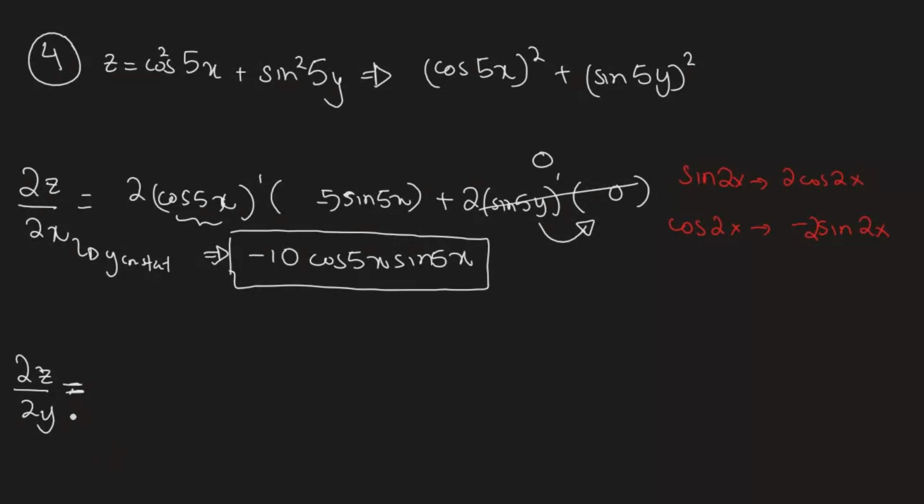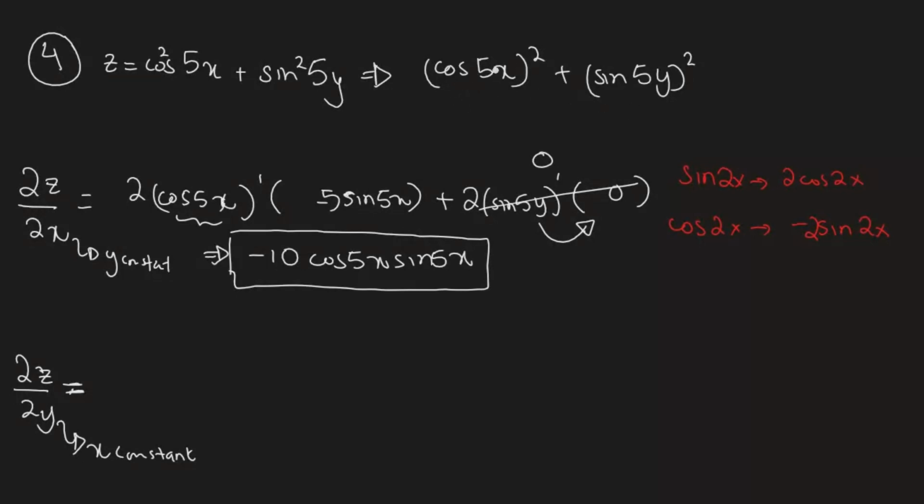Okay, now coming back to the problem. Now moving back to the derivative with respect to y. Here we're taking the derivative with respect to y, so we are treating x as a constant. So this is the problem that we're dealing with.